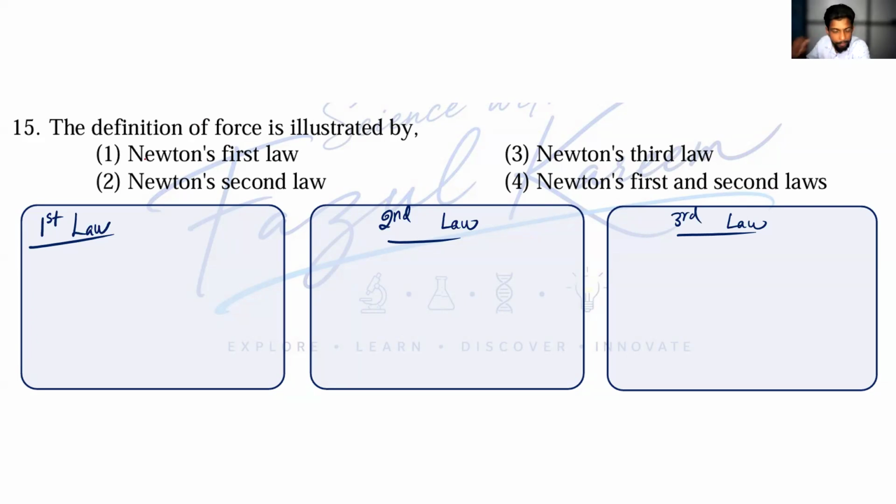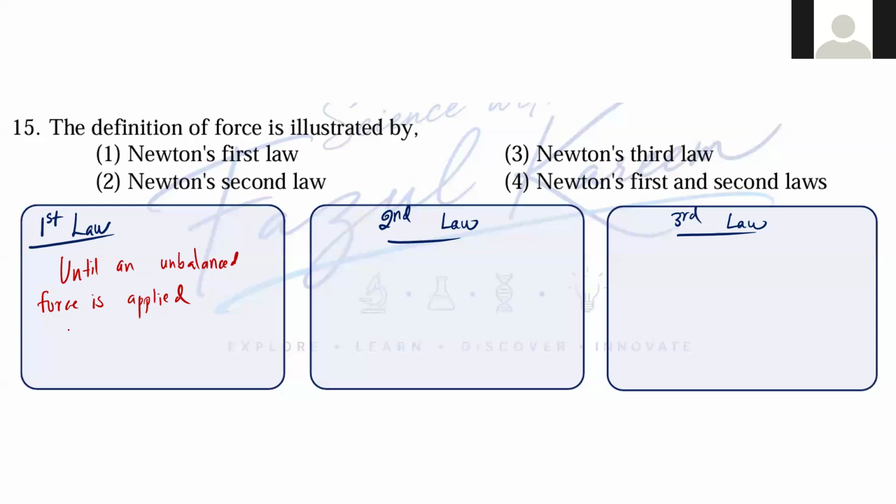Okay, fine. Newton's first law: until an unbalanced force is applied, what will happen? Can you finish the sentence? Until an unbalanced force is applied, the object at rest remains stationary.